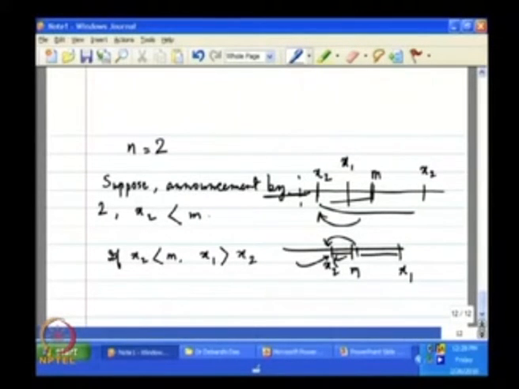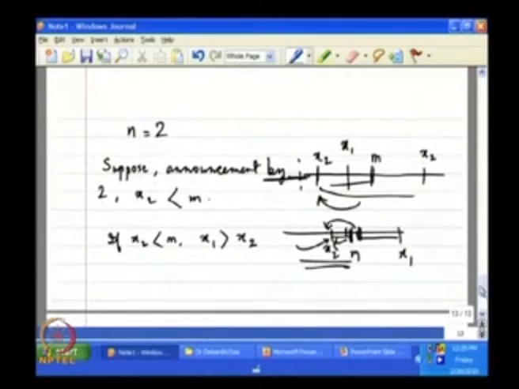So, he will vote for candidate 2, and these voters are in addition to the half of the voters that candidate 2 is already getting. So, in that case candidate 2 will win. So, for candidate 1 to win, he will announce something more than x2, that is true, but at the same time that more should not be too much. He will keep himself close to x2 and not go too much farther away from x2.